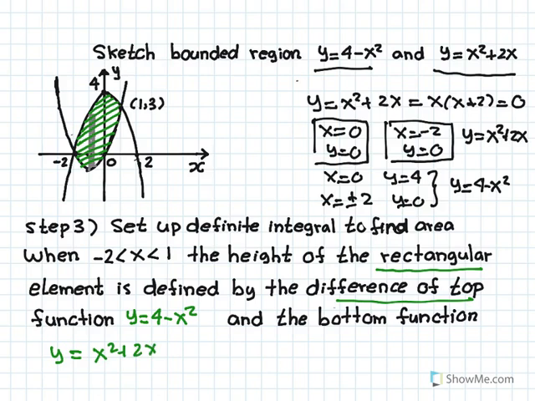So this is the top function, y top, y equals 4 minus x squared. And this is y bottom, y equals x squared plus 2x.